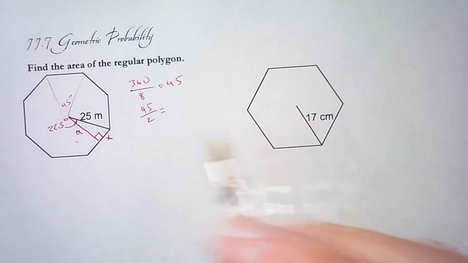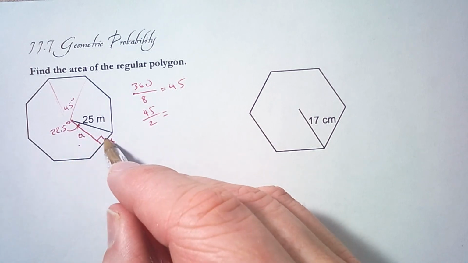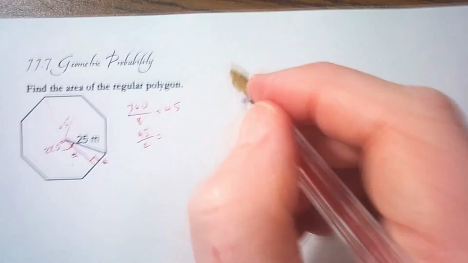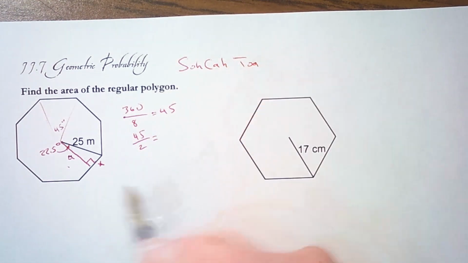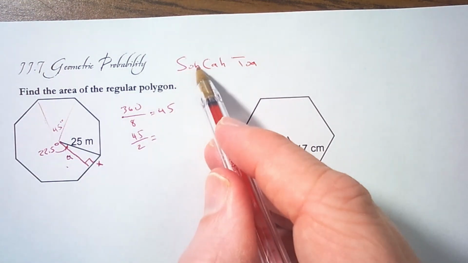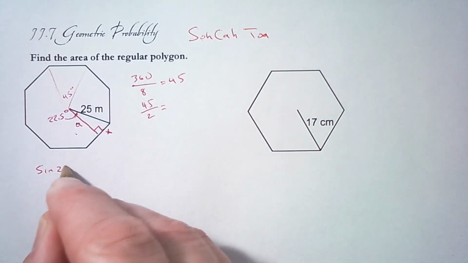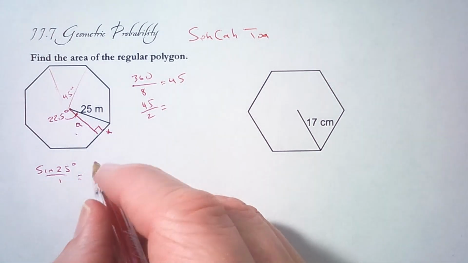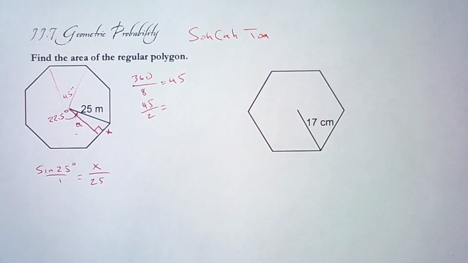Now in order to get this over here, this is opposite of the 22.5 degrees, and 25 is the hypotenuse. Using SOH-CAH-TOA, opposite and hypotenuse is sine. So I will use sine 22.5 is to 1 as the opposite, x, is to the hypotenuse 25.